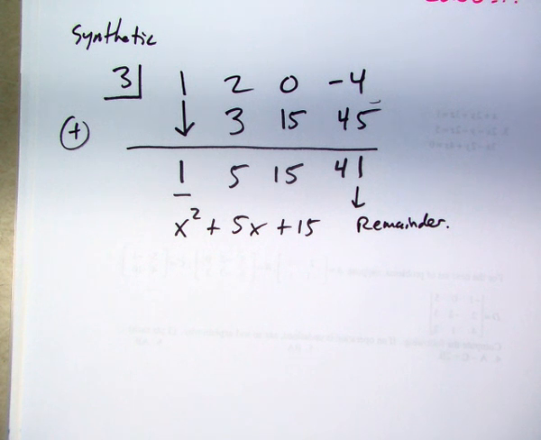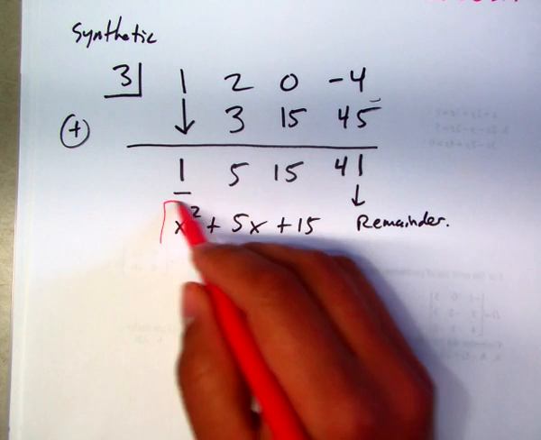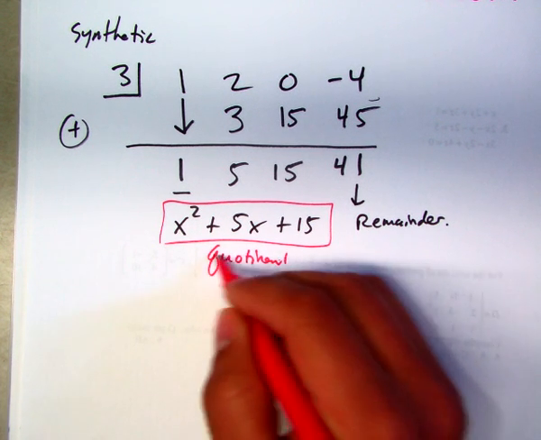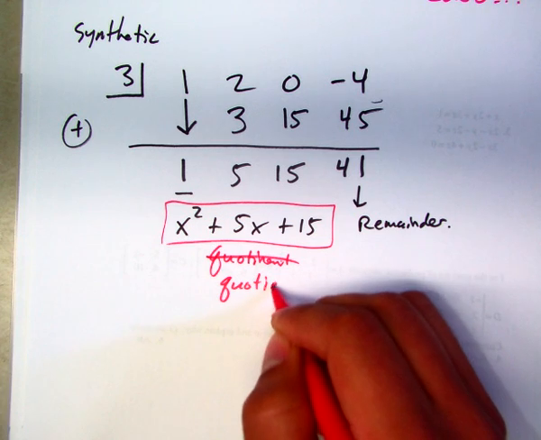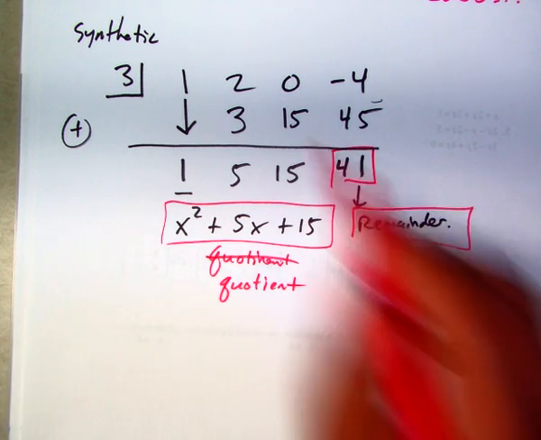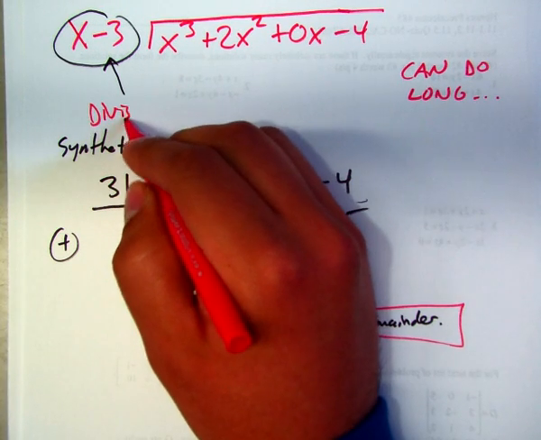So now, here's your quotient. Here's your remainder. We already got that. This up here was your divisor, right? And this was your original polynomial.